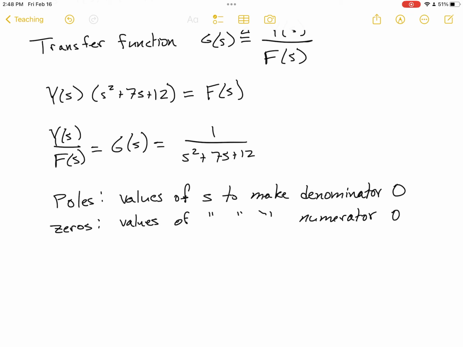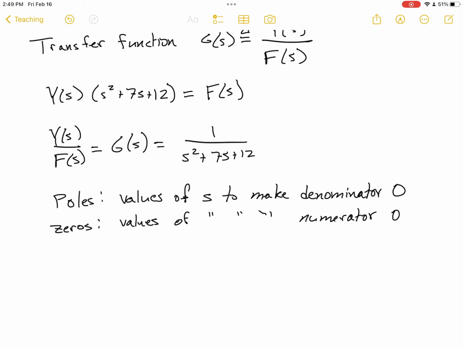And these transfer functions allow us to start to think about the frequency response of a system, about the response of a system if that f of t is a sinusoidal input.